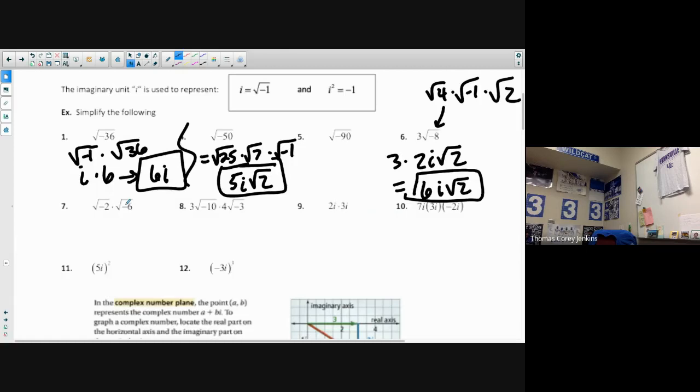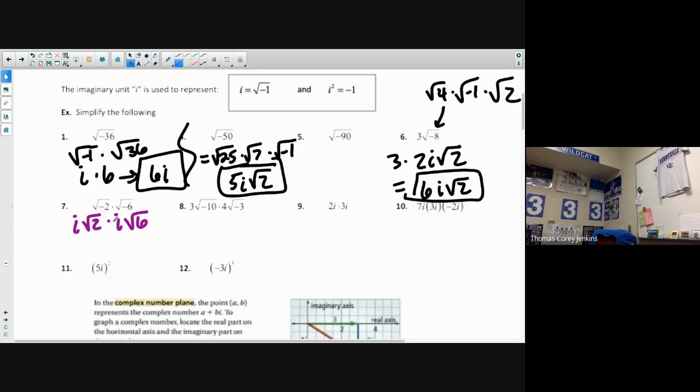But you can't do that. That's not going to work. Here you have to take care of these square roots of negative 1 by themselves. So we want to simplify this as i square roots of 2 times i square roots of 6.